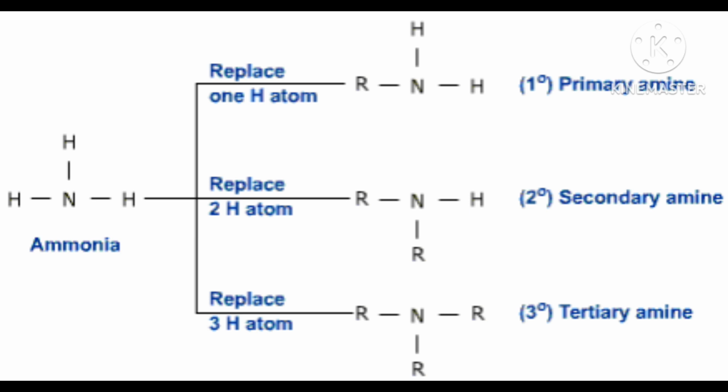Now I will discuss the structure of amines. Like ammonia, the nitrogen atom of an amine is trivalent. When hydrogens are replaced by alkyl groups, then that ammonia is called amine. First to remember: when H is attached, you tell ammonia. When even one hydrogen is replaced by an alkyl or aryl group, then you will tell amine. You will change the name.